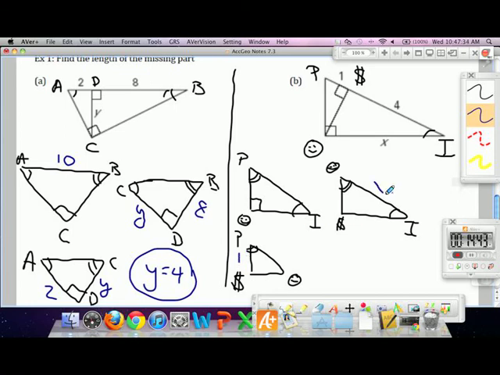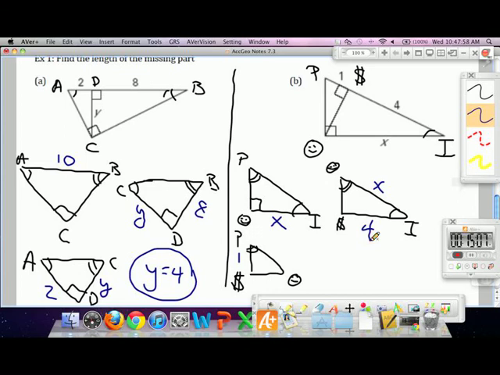Dollar sign to I is 4. P to I, what's its length? 5.